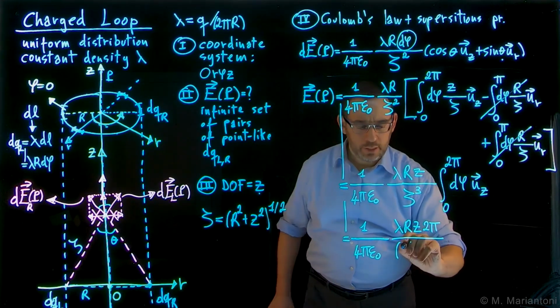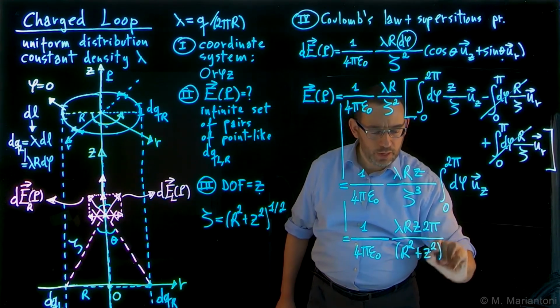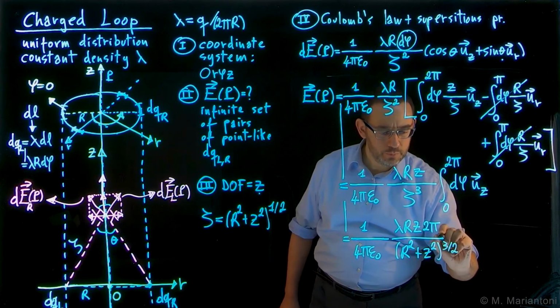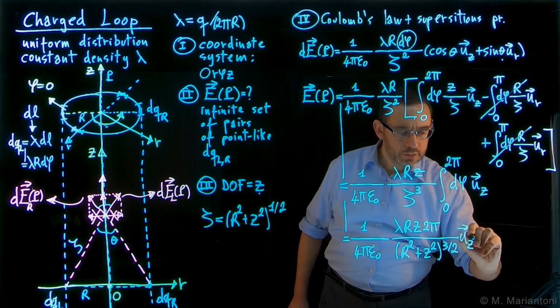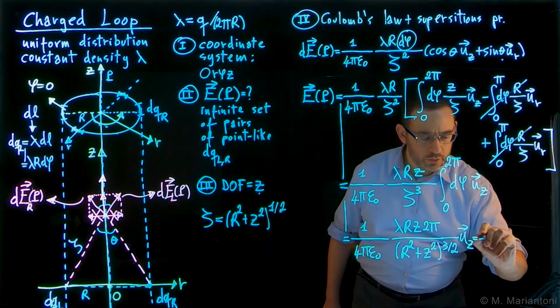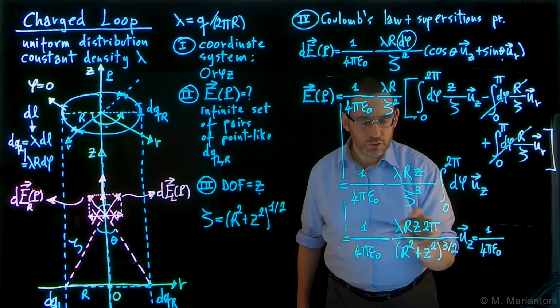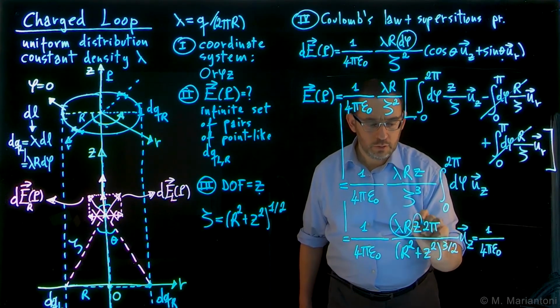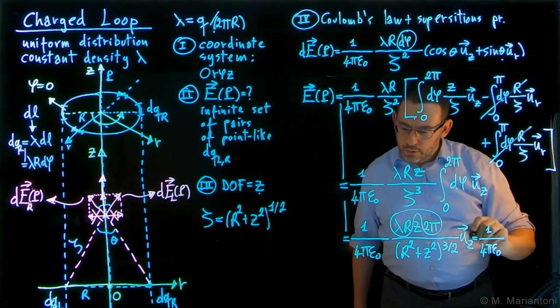It's actually capital R squared plus z squared to the power of 3/2, the usual 3/2, along uz. And if you want, we can rewrite this as 1 over 4 pi epsilon naught, where this is the total charge Q from this definition here.